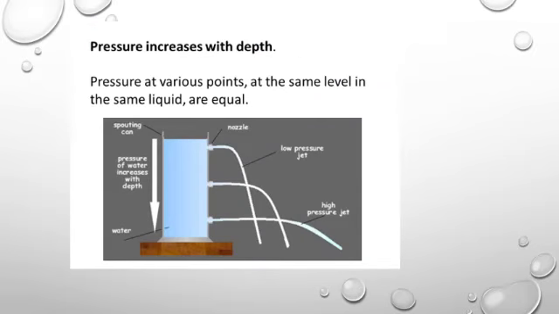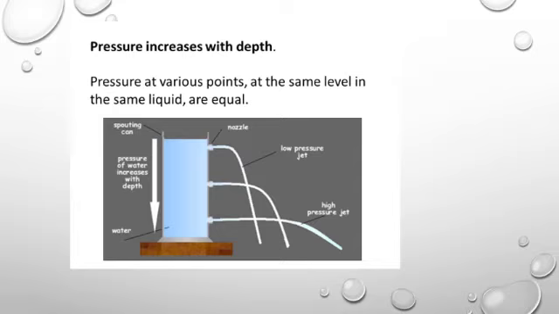Pressure increases with depth. To prove this, we can do this activity. What we have to do? We have to take a tin can and make three holes in it. Then we cover these holes with sellotape and fill this can with water.